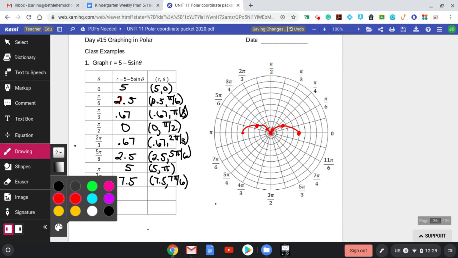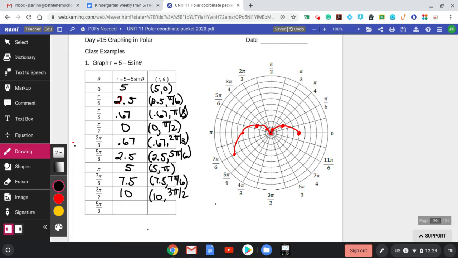Let's count it: 1, 2, 3, 4, 5, 6, 7.5. There we go. All right, keep going. Next up, that's going to be 10, so we're at 10 comma 3 pi over 2. This is going to be all the way out here at 10.